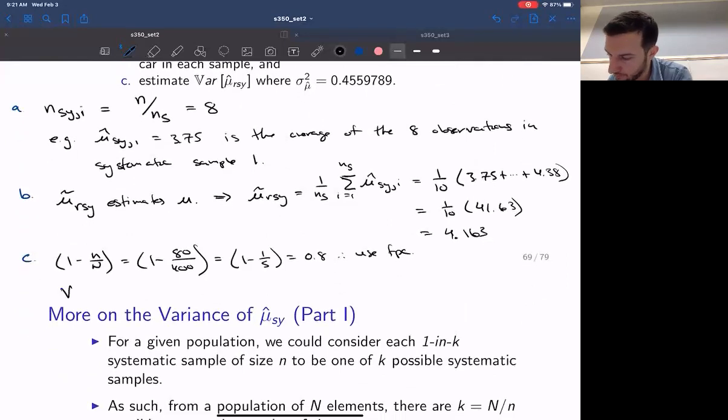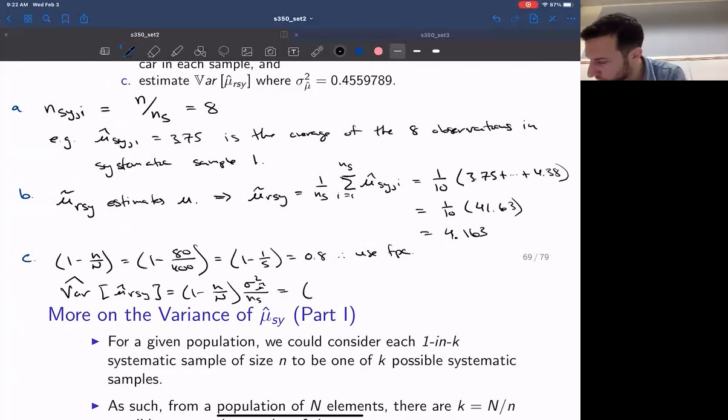Okay, so then we're going to have the variance of mu hat RSY is equal to 1 minus little n over capital N, sigma squared mu hat divided by NS. So this will be 1 minus 80 over 400 multiplied by 0.455979 divided by 10, which is 0.036477831.